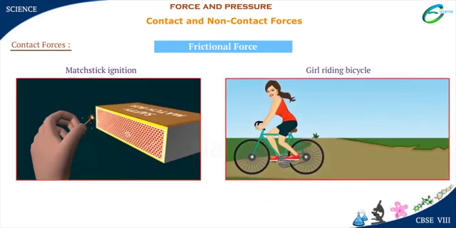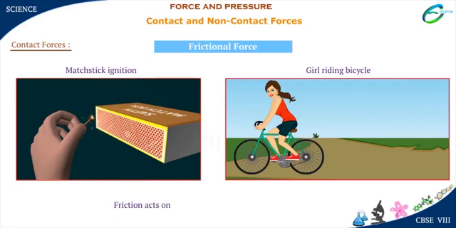In the second case, the bicycle stops when we stop pedaling. This happens because friction generates between the surface of the tires and the road. It is the force of friction which is bringing the change.